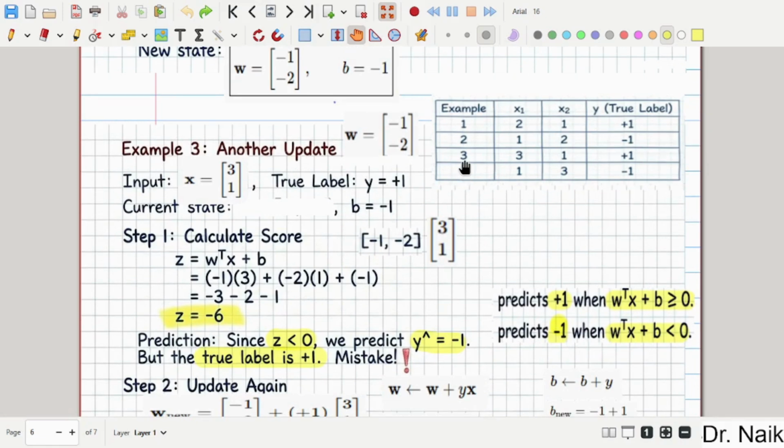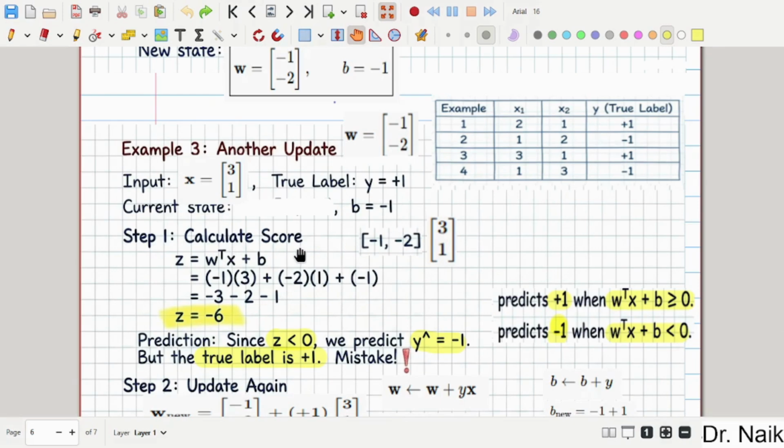Example number 3 has two features, 3 and 1, and its true label y is +1. So our x is a column vector with entries 3 and 1, and the true label y given to us is +1. The current state of w is a column vector with entries -1, -2, and bias is -1. So we will calculate the score.